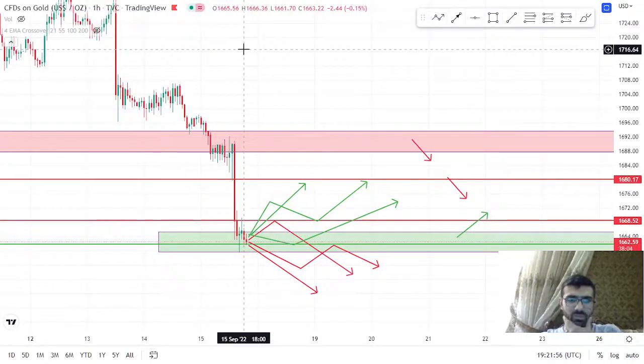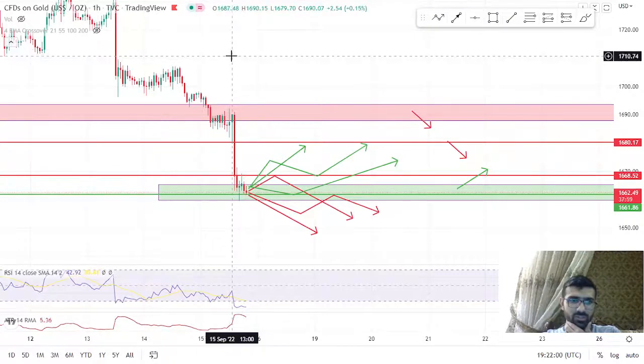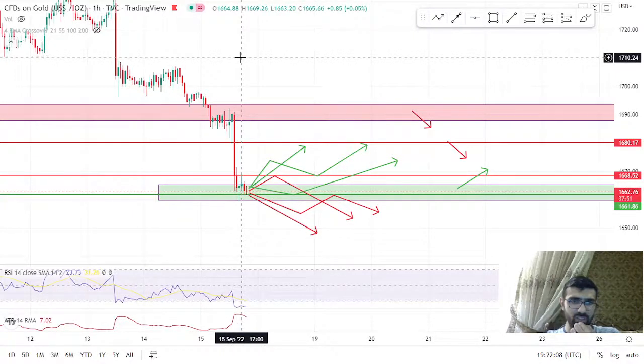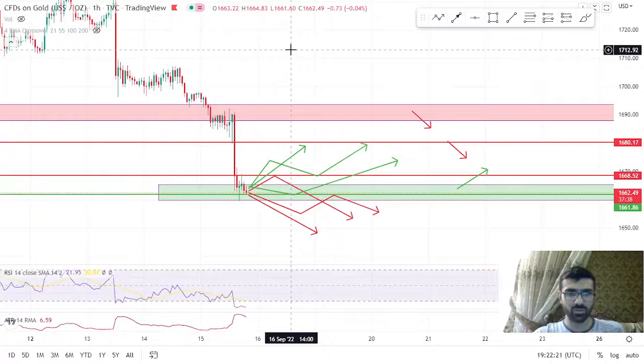So I think tomorrow the market is going to retrace a little bit, as you guys can clearly see that in the 1 hour chart, the RSI is at 22, 21, 23. So the RSI is also indicating that it will go long tomorrow.